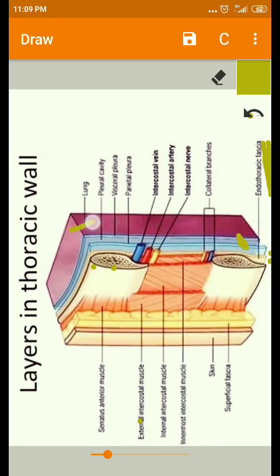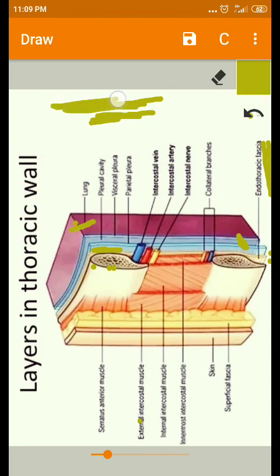So this pink color one is the lung. The main function of this thoracic wall is to protect the lung and heart, isn't it? So after the endothoracic fascia, the next layer is the pleurae. We know that the pleura has two layers: the parietal pleura and the visceral pleura. The parietal pleura is the outer layer, whereas the visceral pleura is the inner layer. The visceral pleura covers the visceral organ, that is the lung.